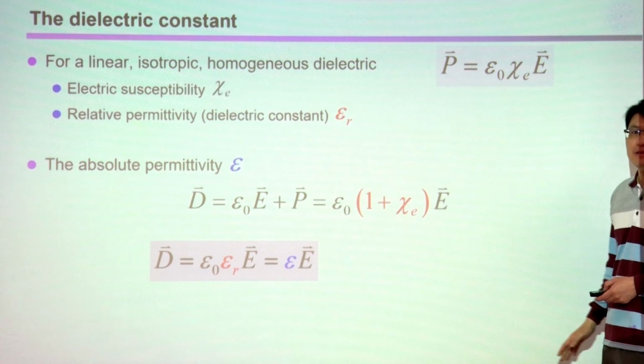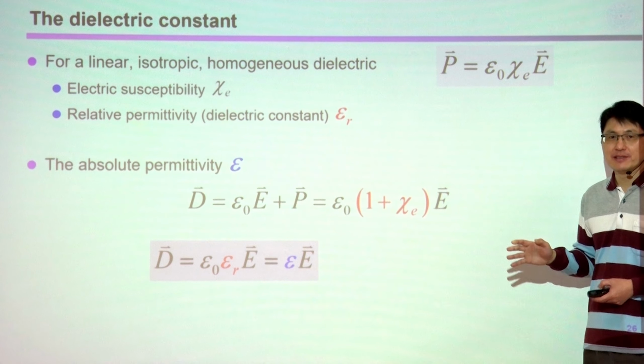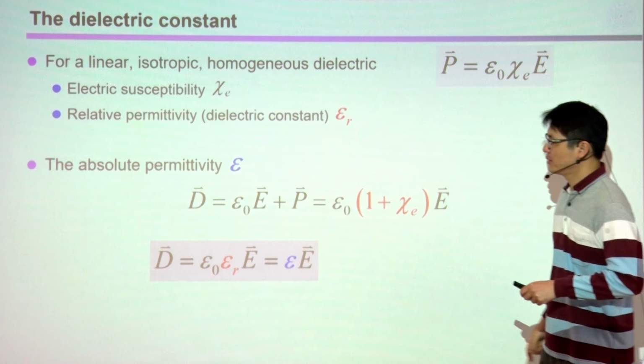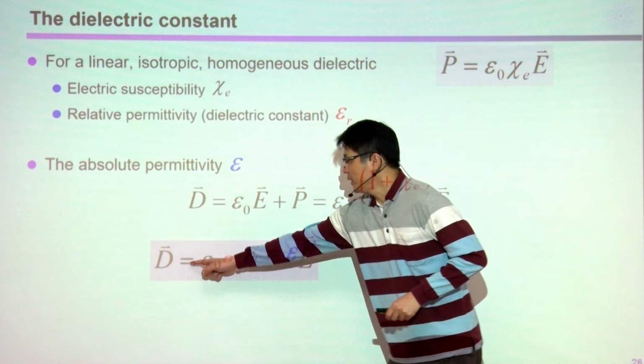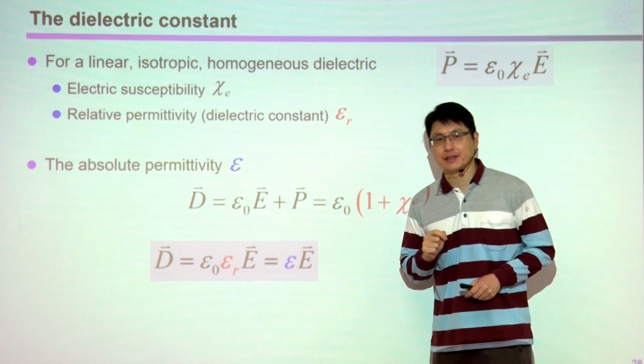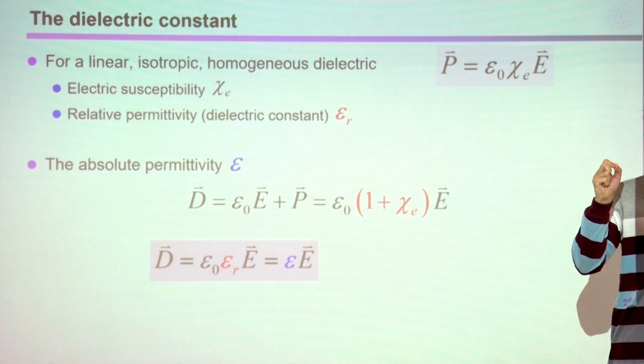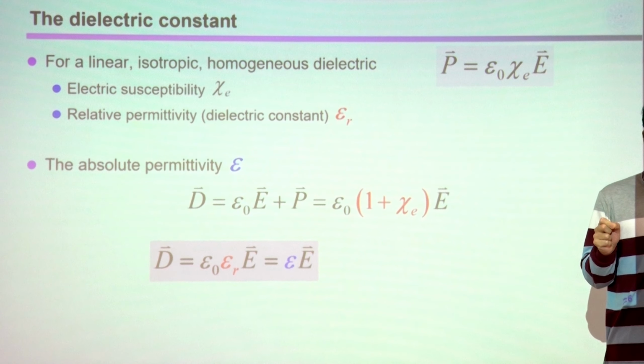Now, again, the very last minute, the most important message of wisdom. D equals epsilon E. Again, this is a confusing formula.